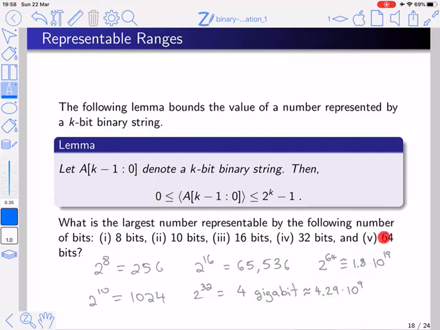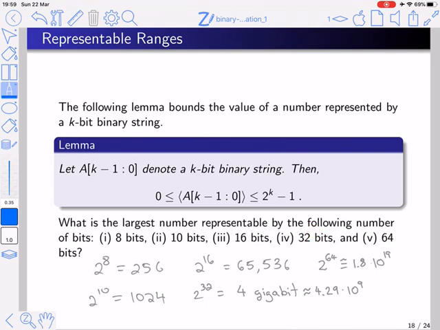What happens with 64 bits? Well, with 64 bits, you can represent numbers which are roughly up to 1.8 times 10 to the power of 19. Now, what I want to emphasize is that we can learn something from this discussion. We can understand why modern architectures use 64 bits per word rather than 32 bits. These are called 64-bit architectures. Why is that the case?